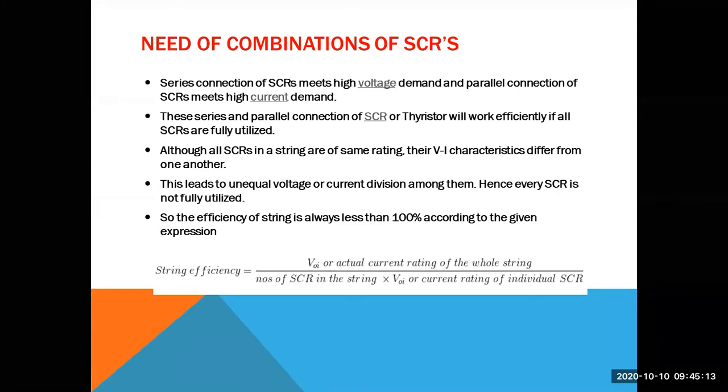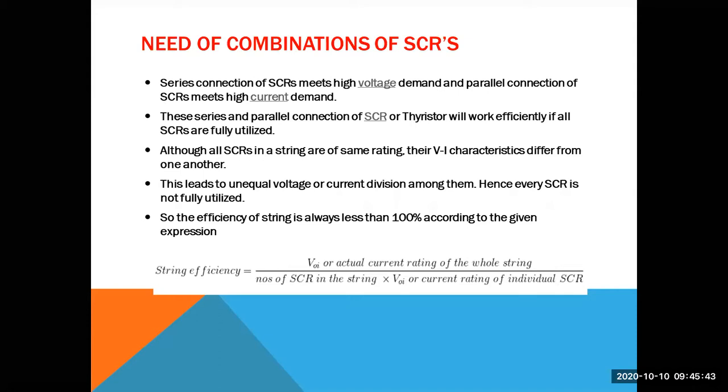So what about the string efficiency? String efficiency is nothing but the measure of utilization of SCRs, whether you are utilizing all the SCR ratings effectively or not. That measure is done by using a parameter, string efficiency.